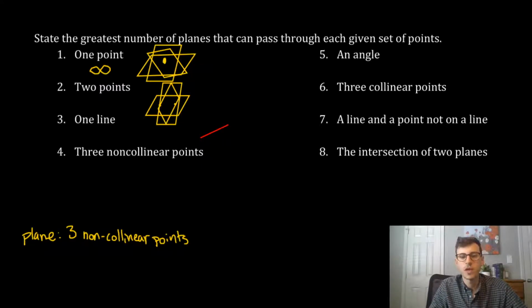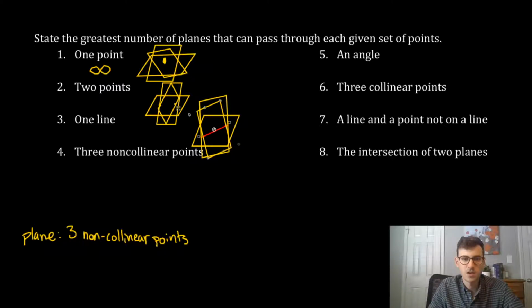Again, you can have the plane horizontally that contains the line. But then you have an infinite number of planes. This is kind of hard to draw here, but you have an infinite number of planes that really almost rotate around that line.